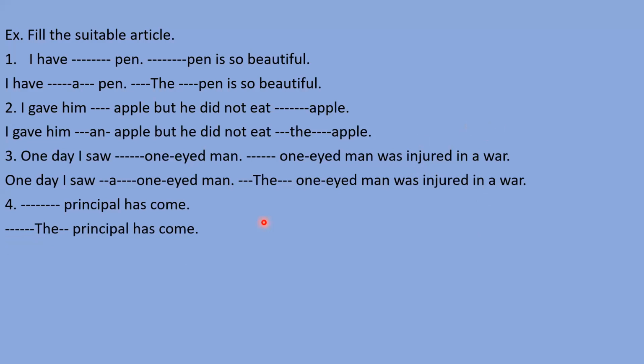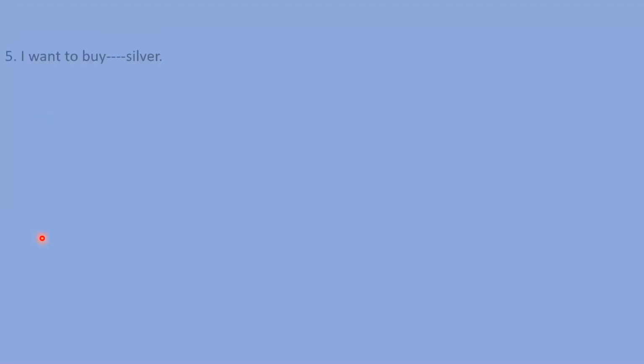In that case we need to fill the, because that is definite. Whenever we say this sentence, everyone knows which principal we are talking about. The listener and speaker both know that. So if you know about the thing, that thing is definite. That's why we need to fill the here: the principal has come. Come to the next exercise.